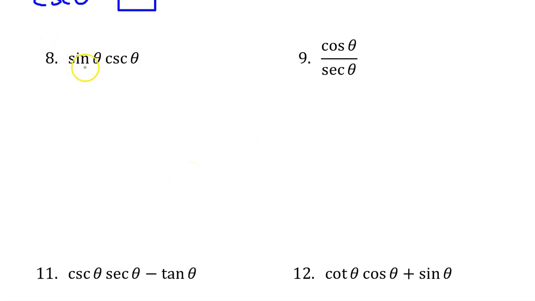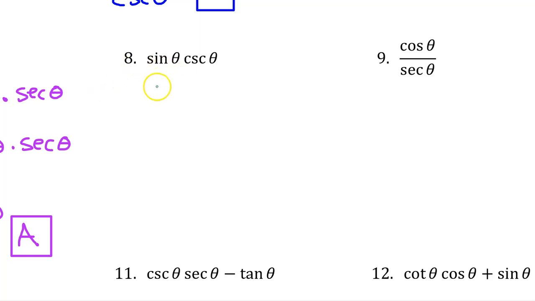Number 8, sine and cosecant are reciprocals of each other. If you notice that, then you know that sine theta times cosecant theta will automatically equal 1. If you don't notice that, then you need to go through the extra step of writing sine theta times, and then cosecant theta is 1 over sine theta.